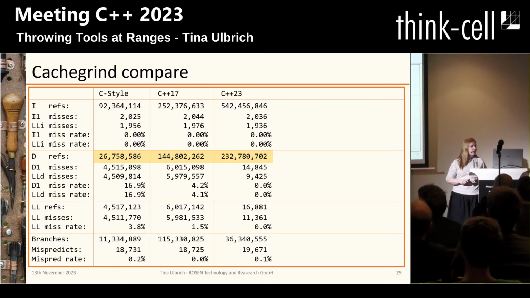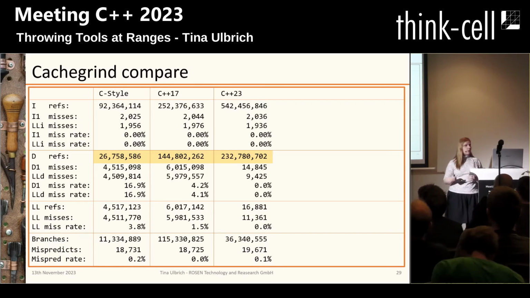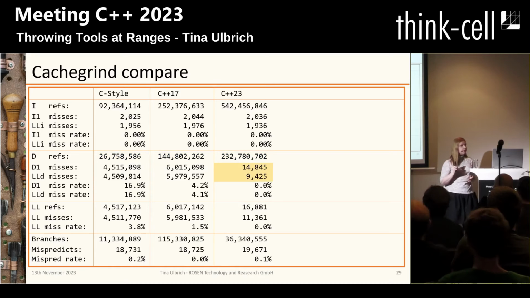Also for the data refs, same direction here. What is interesting to note is that we have very, very low data misses in the ranges version. And that's because for all of the other versions, we created temporary vectors that live somewhere in the memory.